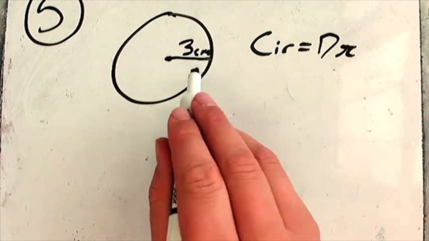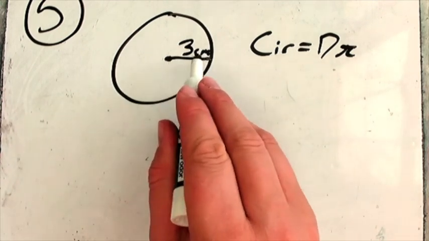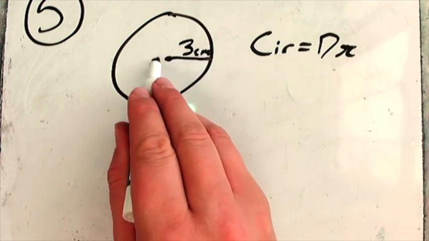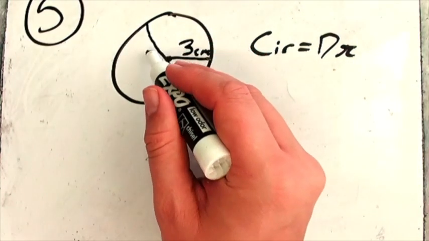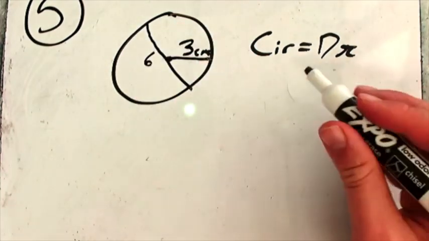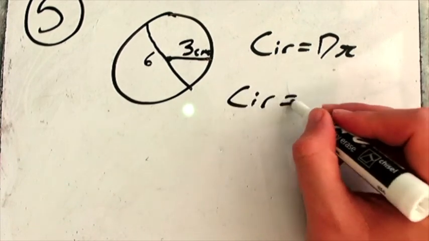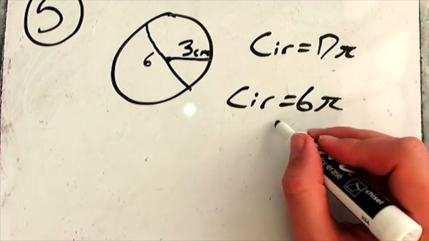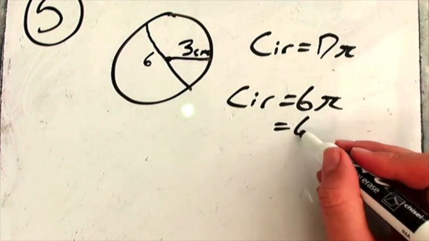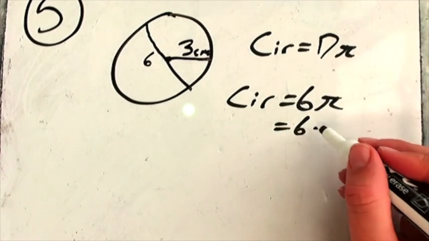What do I mean? Well, the diameter here is, if this is 3, then this is going to be 6. So going all the way across is going to be 6.